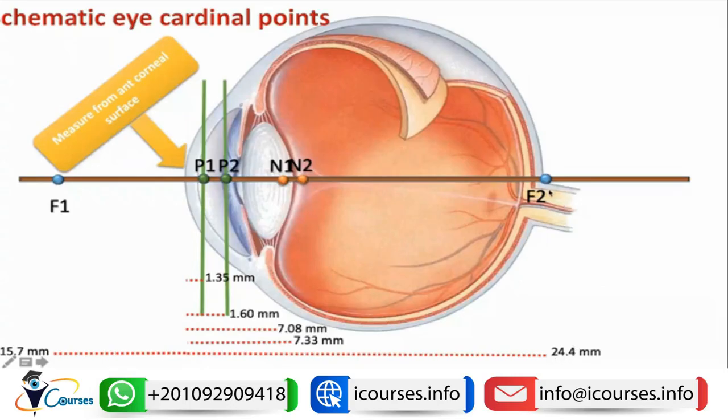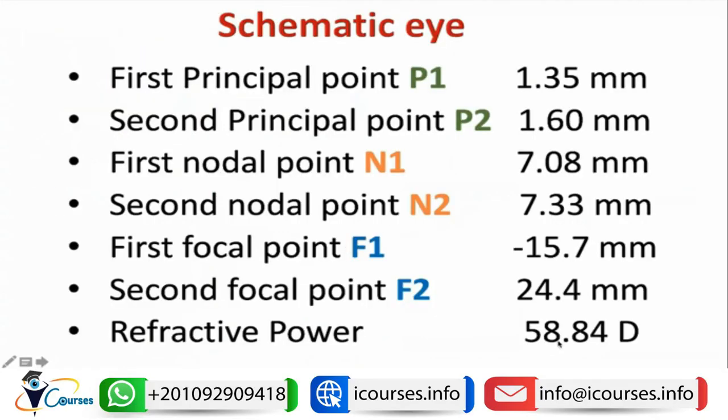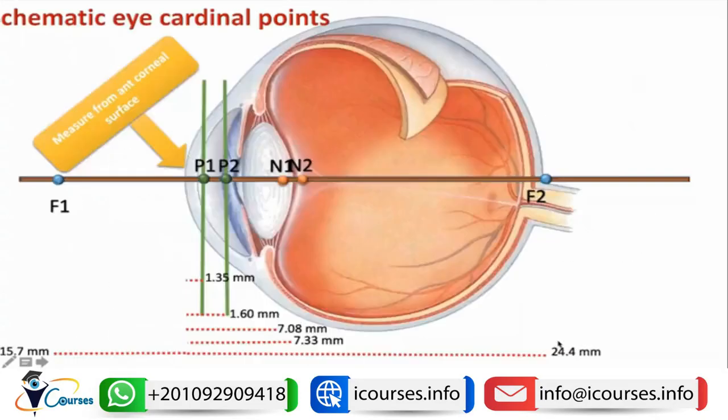So it is located on the retina, which is the axial length of the eye. It is not our duty to know these calculations; Goldstrand reached that the power of the eye is 58.84 diopters.